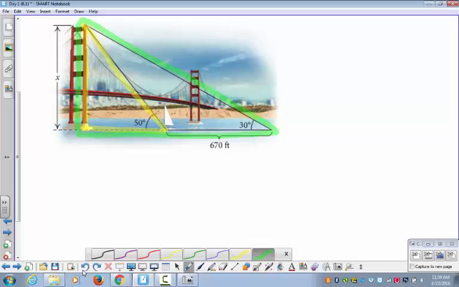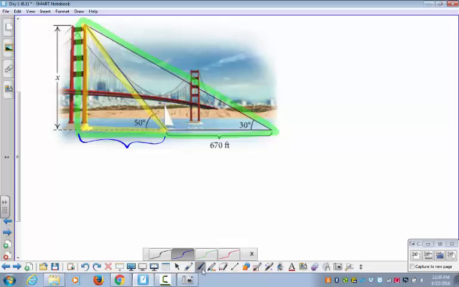Let's see what happens. When we're looking at the inner right triangle, I see that 50 degrees is right there. If I use the tangent function, I don't have a measure for this side. Don't know what that is. You agree? So I'm going to call it whatever I want to call it.